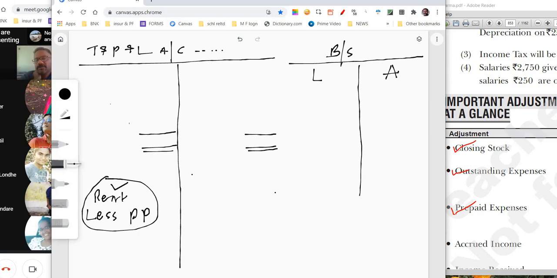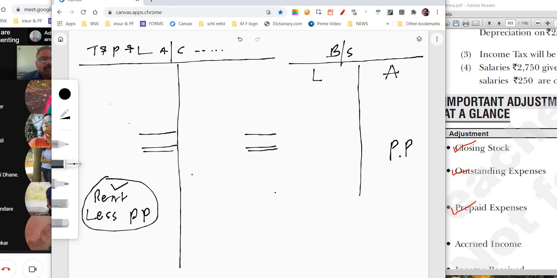First effect. What is the second effect? How will it come in the balance sheet? Asset side. Yes, asset side. So prepaid expense is on the asset side, because the benefit will be there in the future.